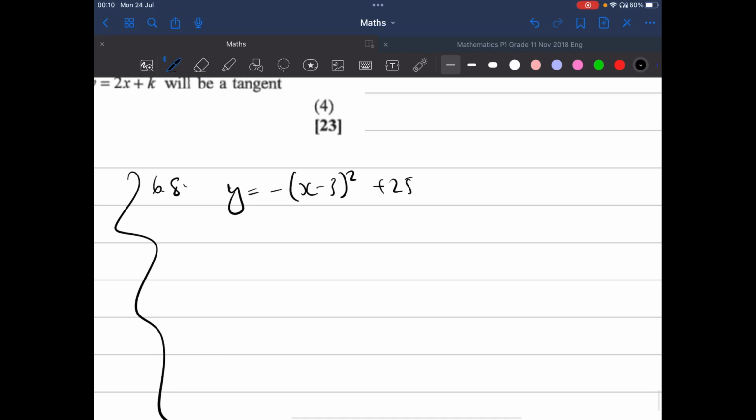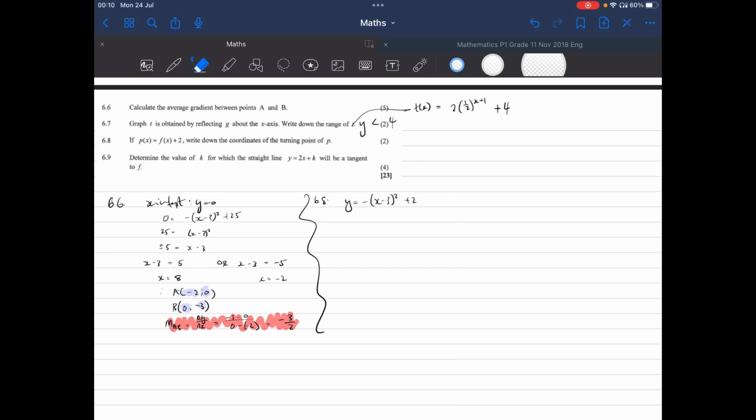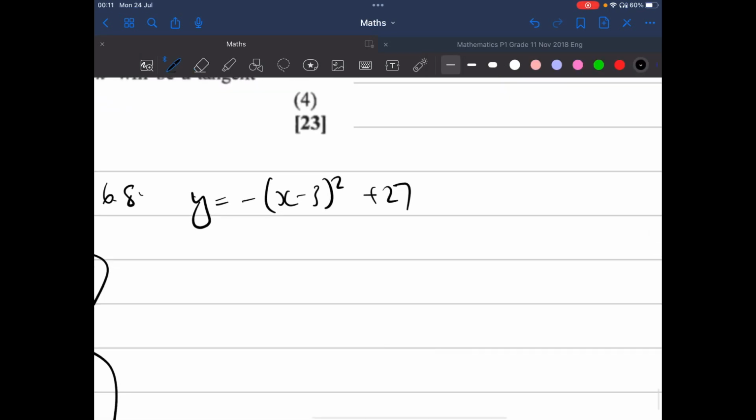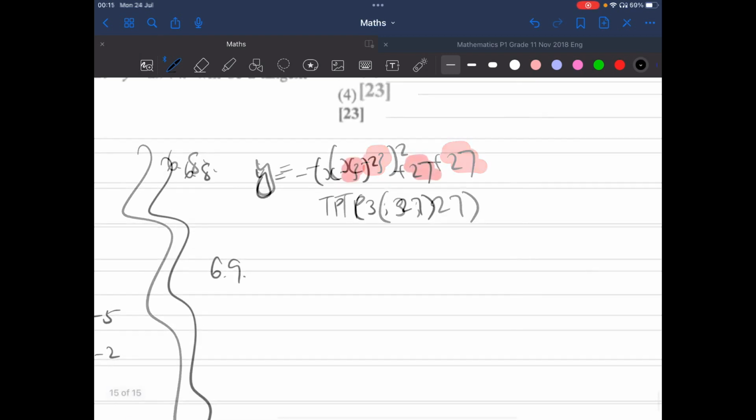Now if I add 2 to f of x, I'll get plus 27. I just took 25 plus 2, that's 27. Now remember what I was saying earlier about the turning point coordinates. So the new turning point now is going to be at 3 and 27.